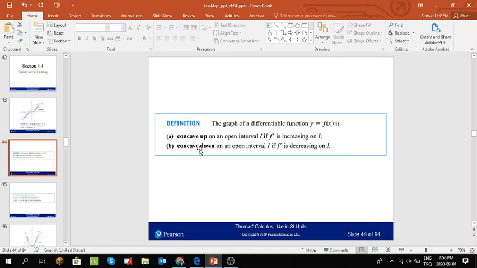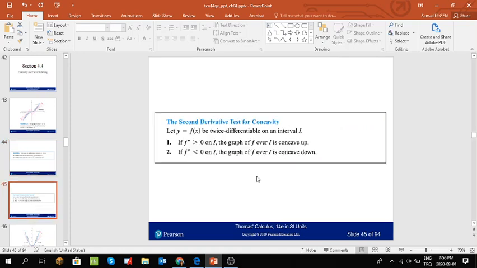And the graph of a differentiable function y equals f of x is concave down on an open interval I if the first derivative is decreasing on I. In other words, the slopes of the tangent lines are getting smaller.